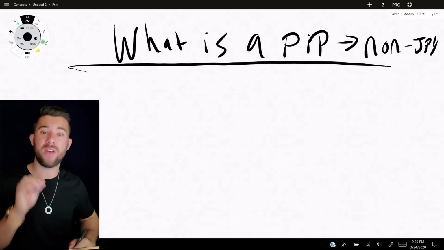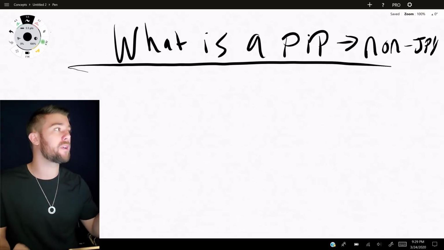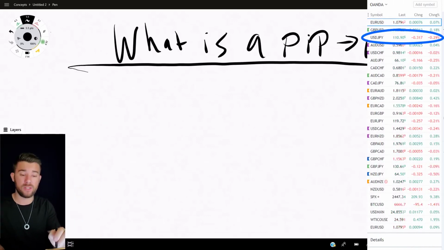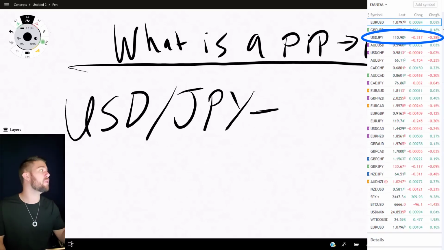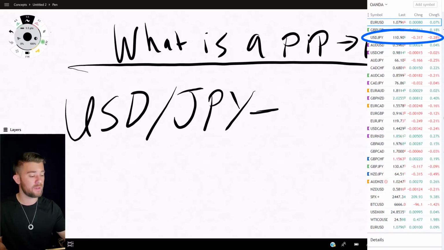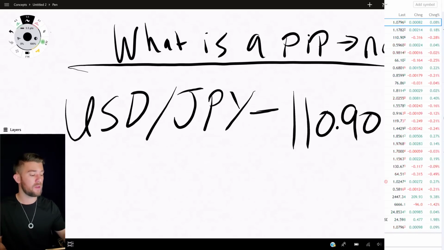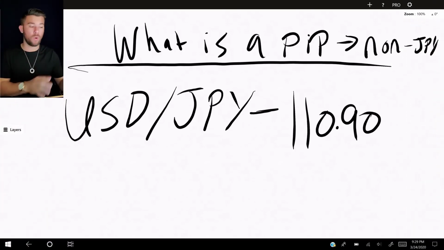If we look at the value right now of the dollar yen, which is USD JPY, the dollar yen currently has a value of 110.90. With this being the case, and only pairs with JPY attached to them, we go 2 decimal places instead of 4.